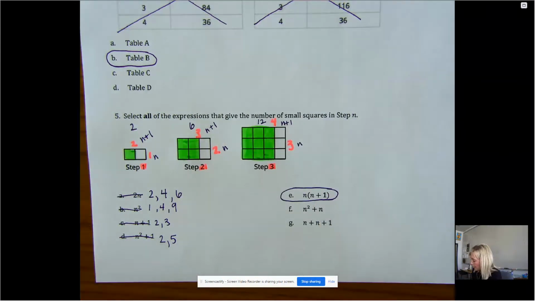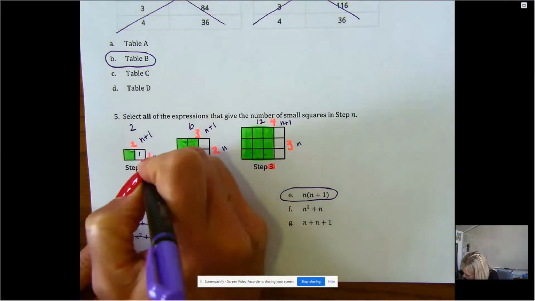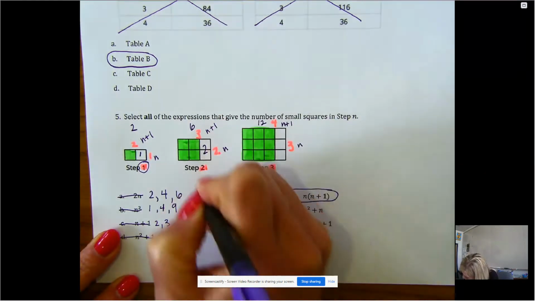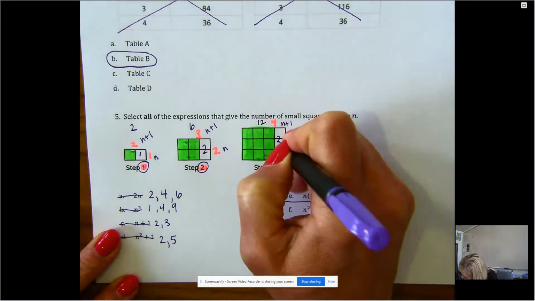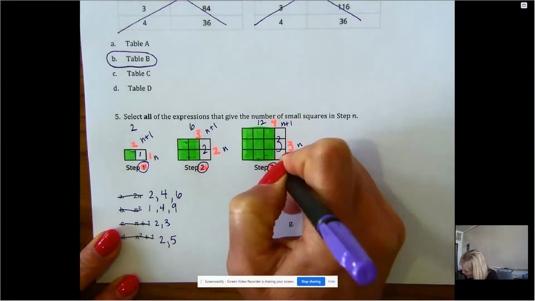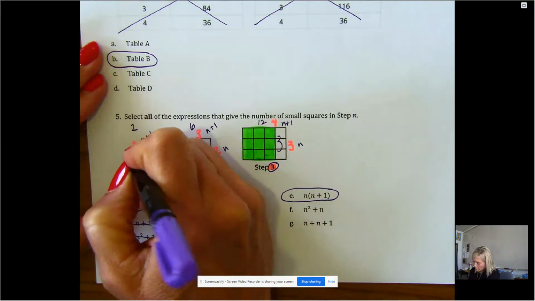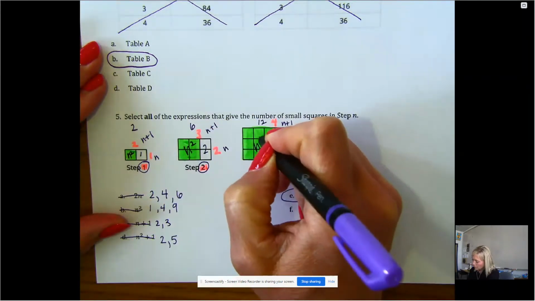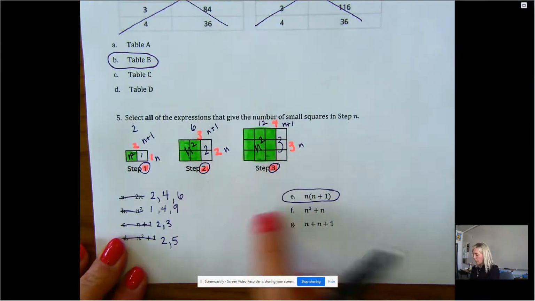And so that's this much of the square. And then again, I notice there's 1 square here, which is the same as the step number, n. There's 2 squares here, which is the same as the step number, n. And then there's 3 squares there, which is the same as that step number, n. So this part is n squared, this part is n squared, this part is n squared, and then the white section on each of them is n.